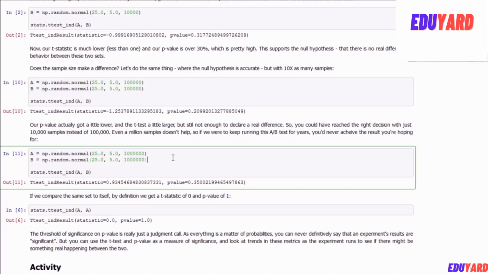But again, the important thing to understand is you are looking for a large t statistic and a small p-value. The p-value is probably what you want to communicate to the business, and remember, lower is better for the p-value. You want to see that in the single digits, ideally below 1%, before you declare victory.